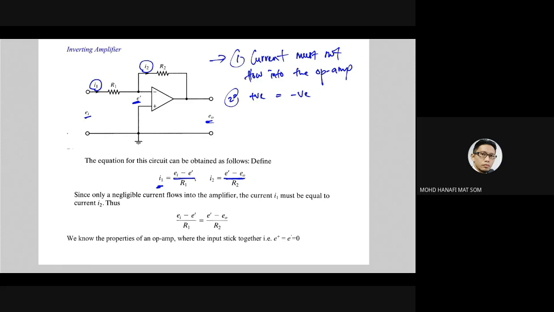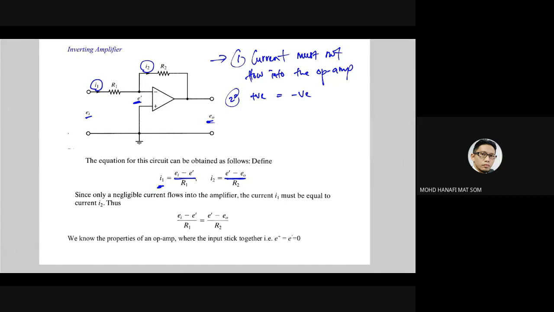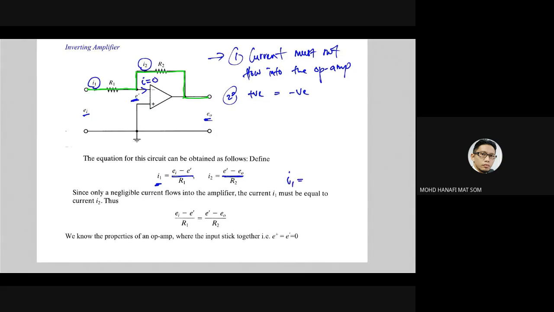In order to analyze the circuit, we can say that there is no current flowing into the op amp, meaning the current flows only in this way, so I1 equals I2.